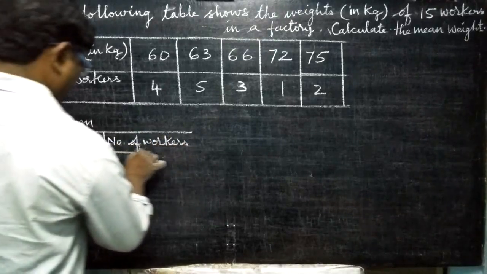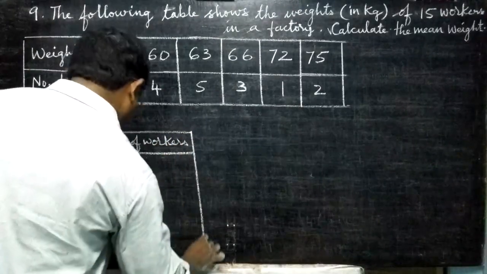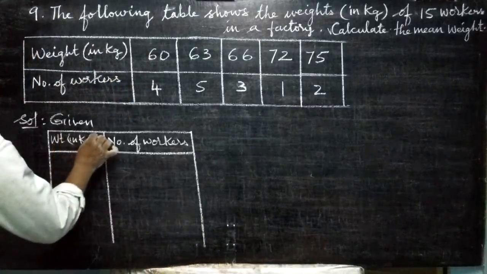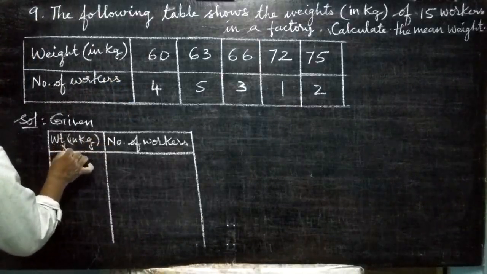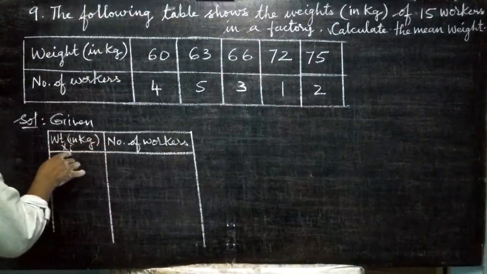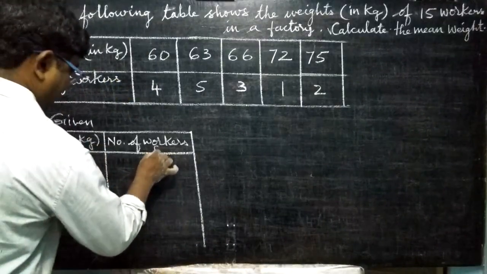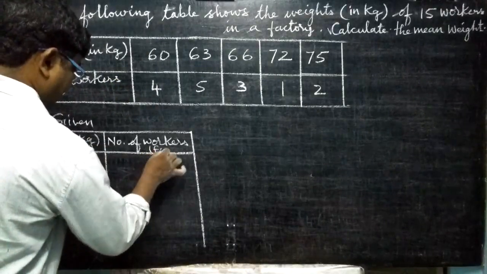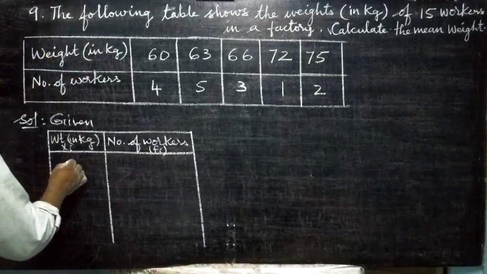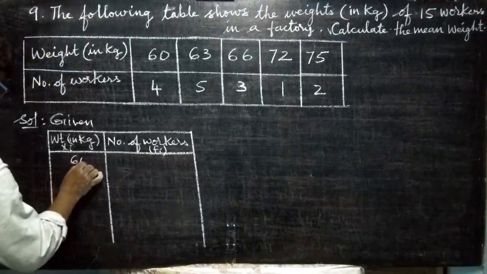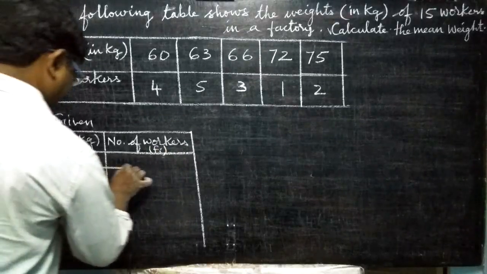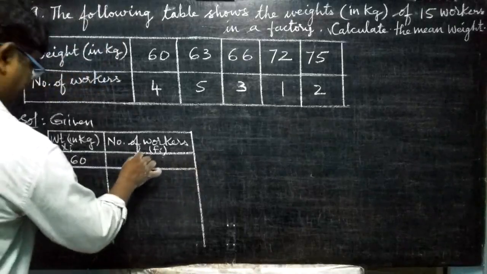Now this is given in kgs. We will take as xi, particular class, and this is fi, frequency of particular class. Now 60 kgs workers, how many are there? 4 are there.